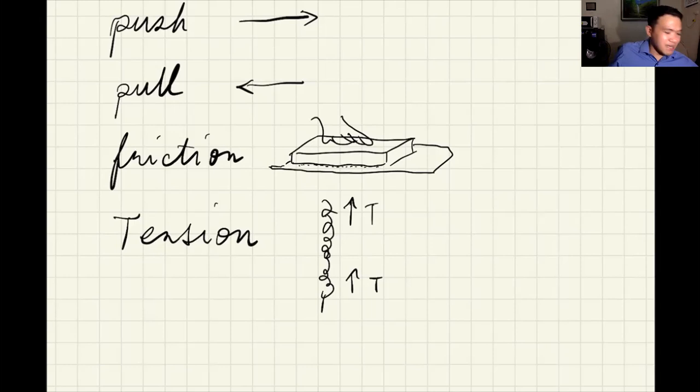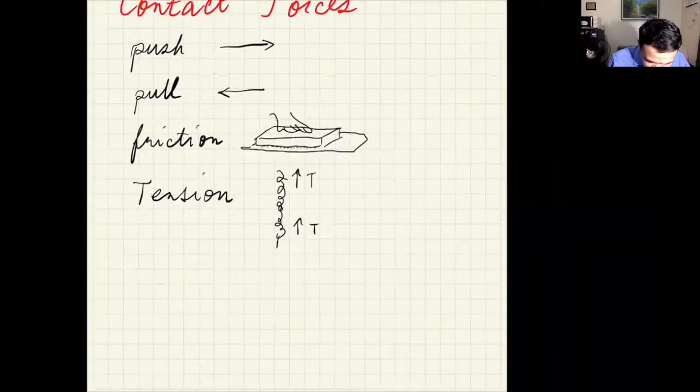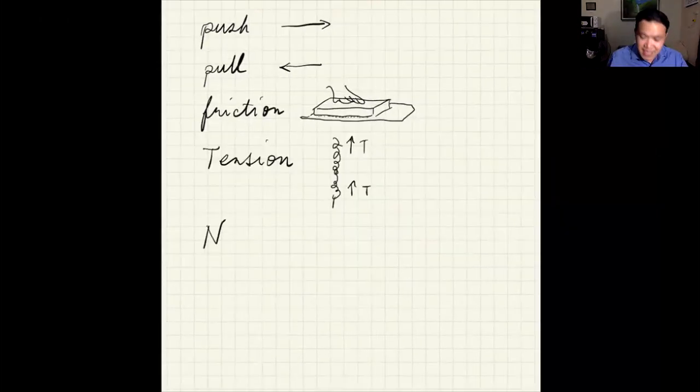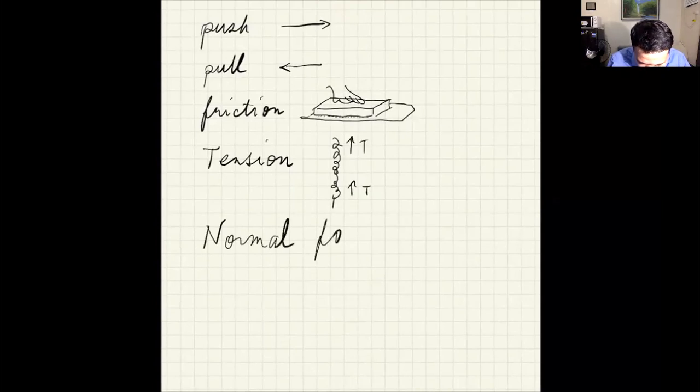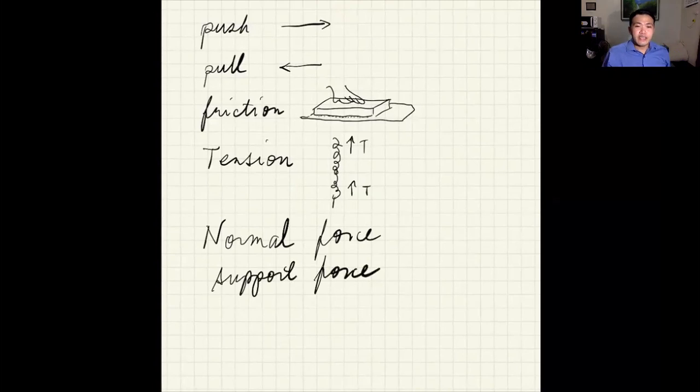So there must be something. What is that? It starts with the letter N. That is your normal force, or sometimes we call it support force. It's usually perpendicular to the surface.